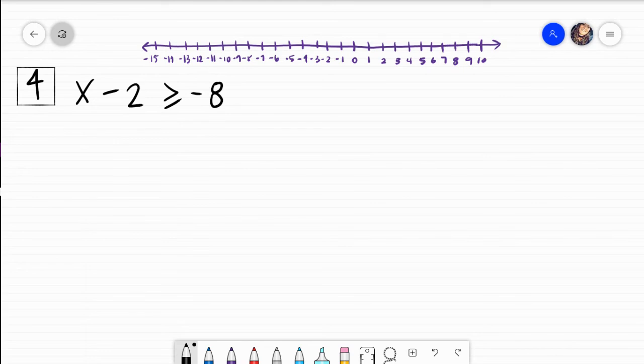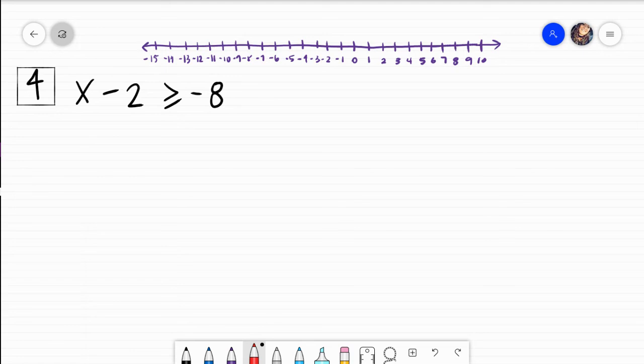Well, similar to solving our equations where we would combine like terms, you have that same train of thought with these. We need to combine our like terms so that we can solve this inequality.